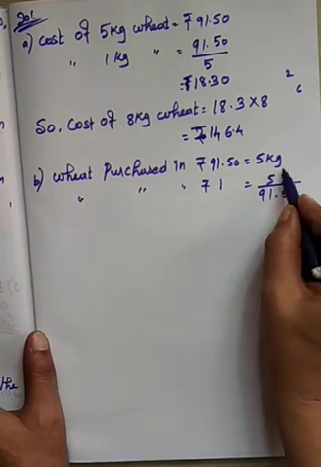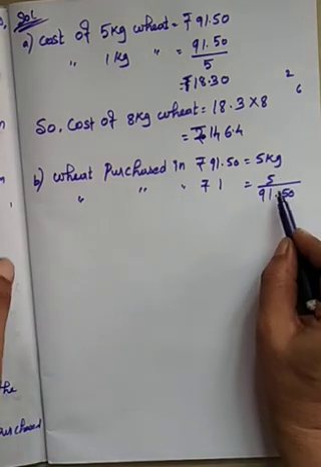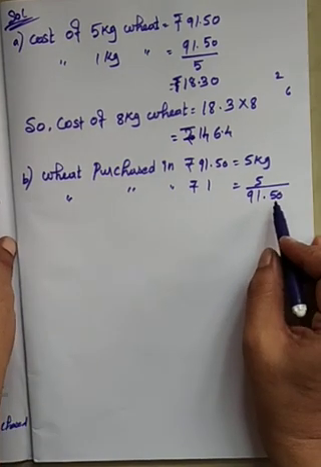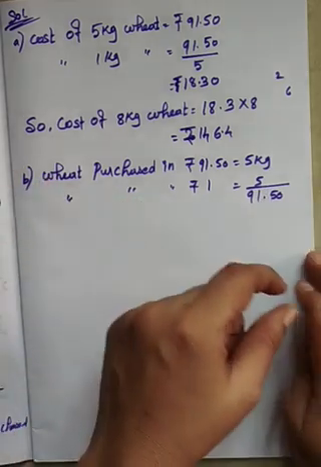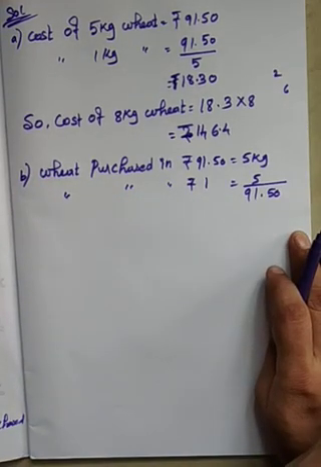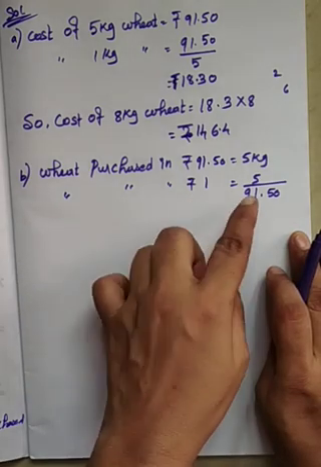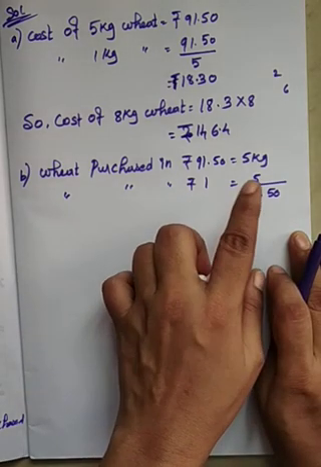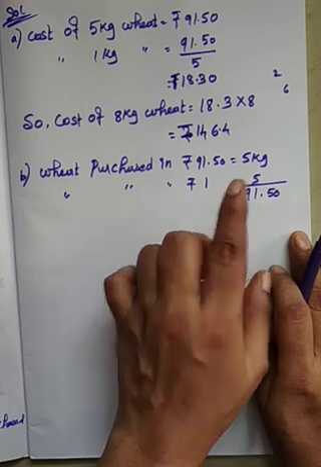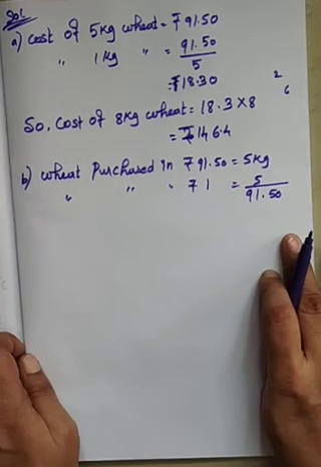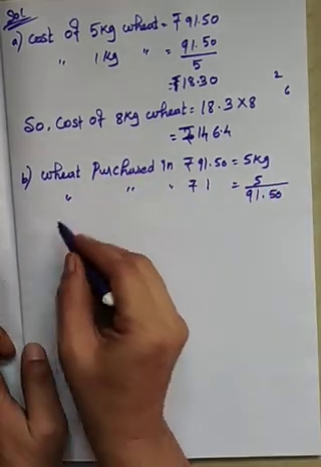So what do you need? Simplifying in that one, after that you have to find what quantity of wheat can be purchased in rupees 183. But no need for the simplification. So just you have to take directly 5 divided by 91.50. So let's see later.